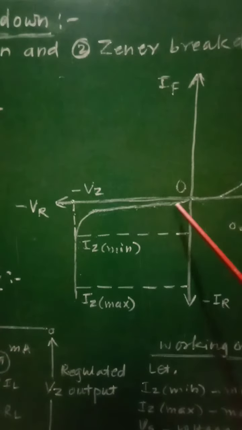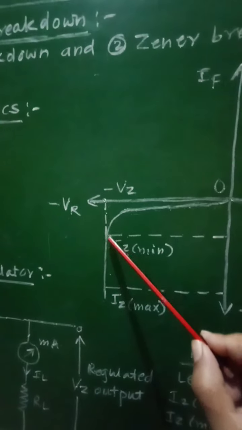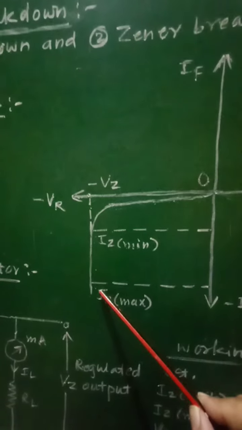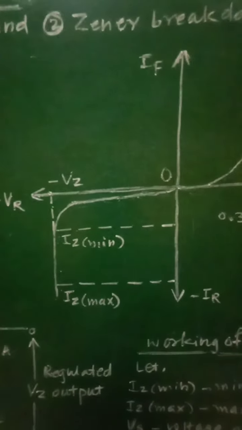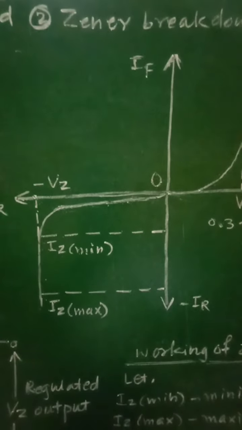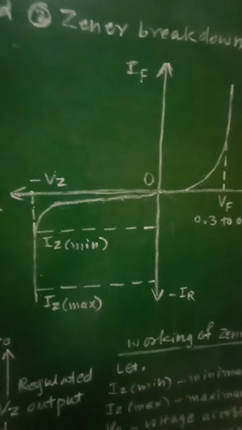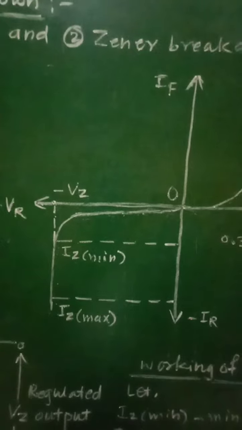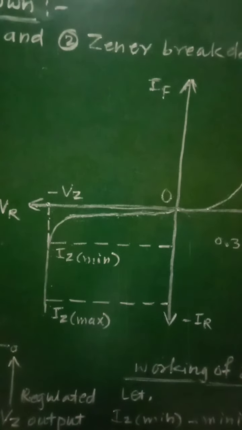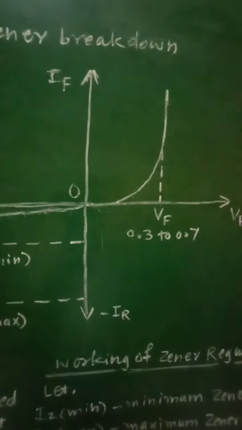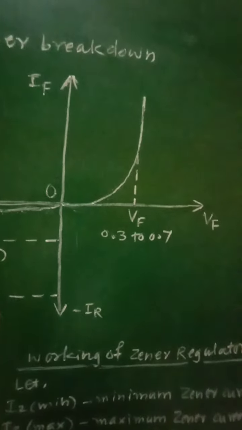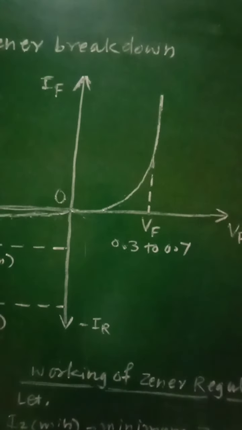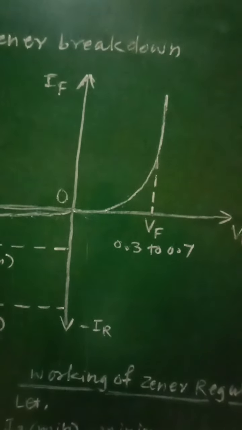So these are the reverse bias characteristics of this Zener diode, and from these characteristics we can say that the Zener diode behaves like a normal diode when it is forward biased. So in the forward bias mode, the Zener diode will behave as a normal diode.